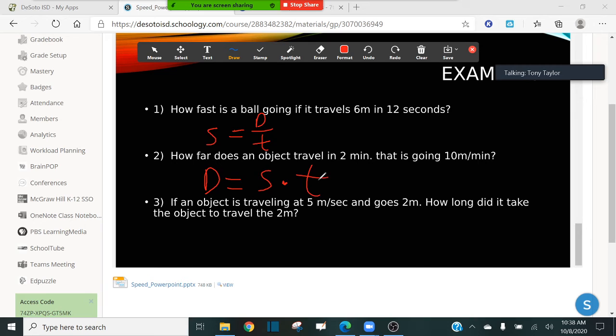So in this case, if you rearrange this equation to get t by itself, you would just be left with time is equal to distance divided by speed. So please be sure you know how to use all 3 forms of these equations depending on the problem that you're given.